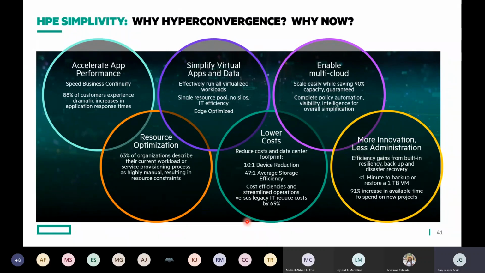We lower costs from the power, cooling, the device reduction, as well as the storage efficiency and savings that we might see. We also allow IT to focus more on innovation and less on administration or keeping the lights on, with the efficient built-in resiliencies, backups, and the guaranteed performance of performing that backup or restore in less than 1 minute. IT can focus more on how to streamline the processes and the business other than just keeping it on.